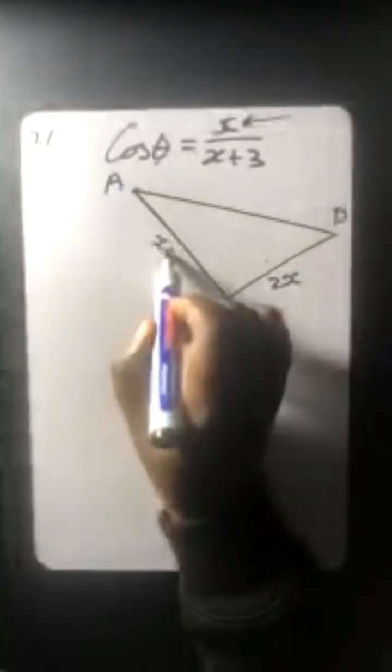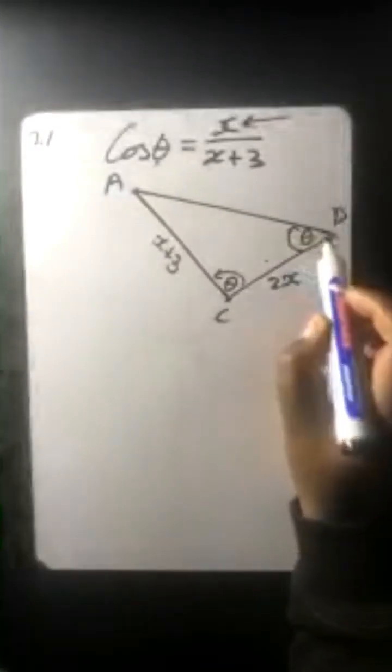So this is the triangle that I'm referring to, A, C, and D. We know this side is 2x, and this one is x plus 3. Here we have that, and also here we have that.